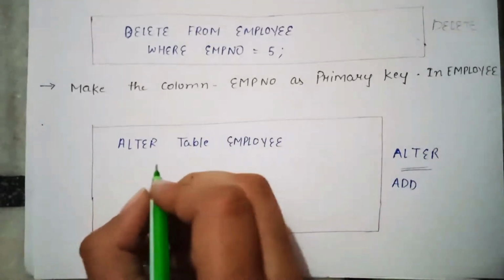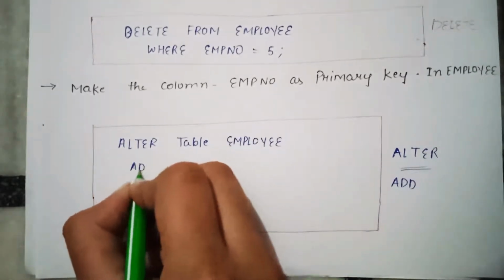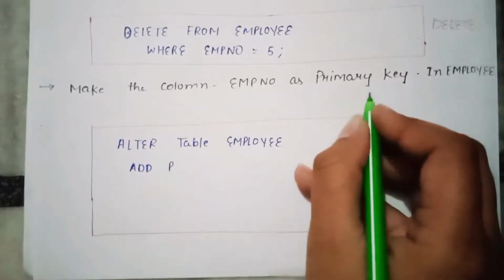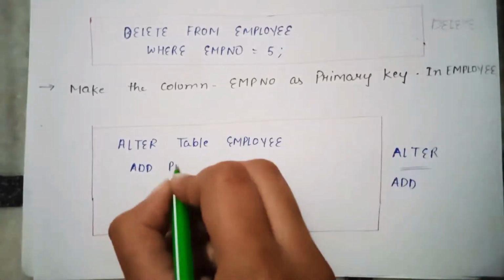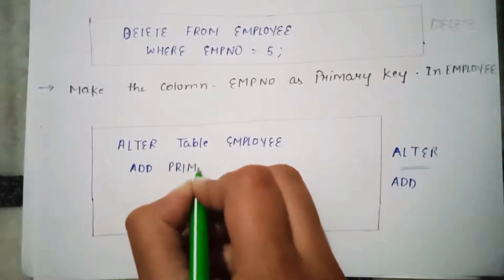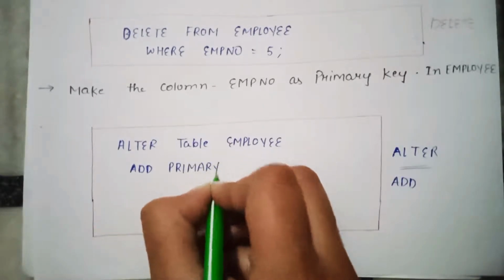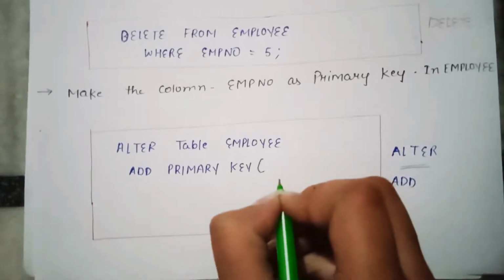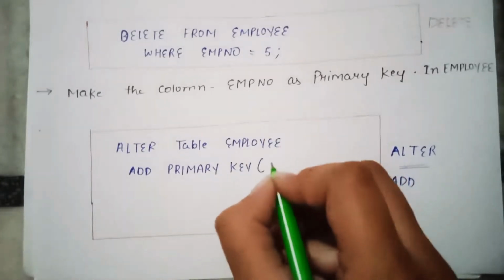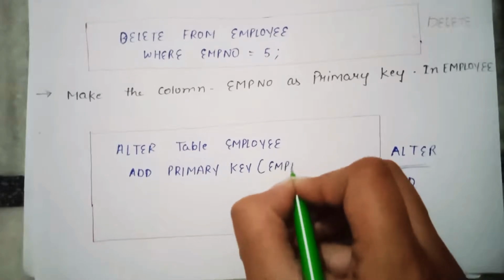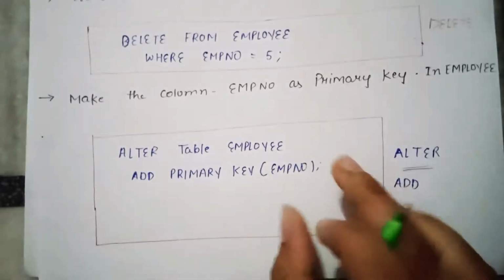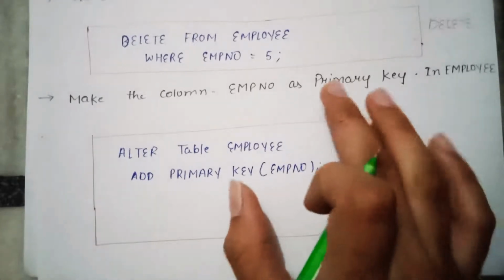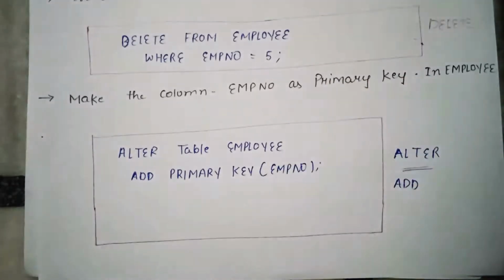So it will be add, and what is the name of the constraint that we want to apply? It is primary key. So we will write over here primary key, and to which column we want to apply this primary key? The name of the column is imp number. So this query will add a primary key constraint to this employee number column.